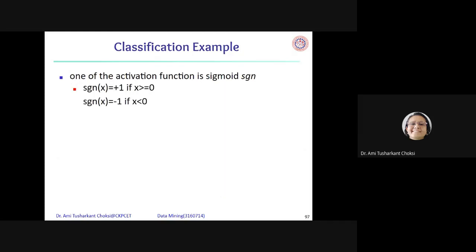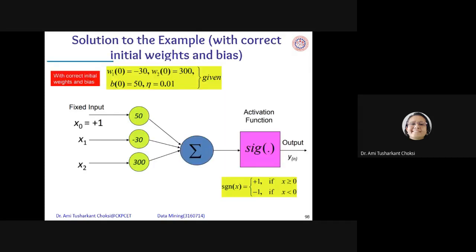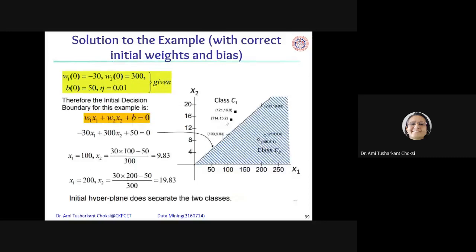These are part of C1 and these are part of C2. These two points are where we considered that if x1 is 100, what is x2, and if x1 is 200, what is x2. This is what we found. So this is the line we are getting.